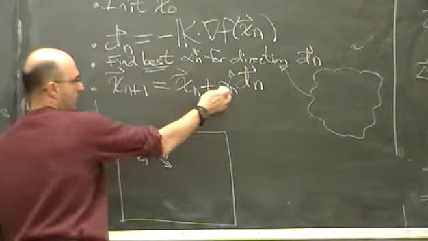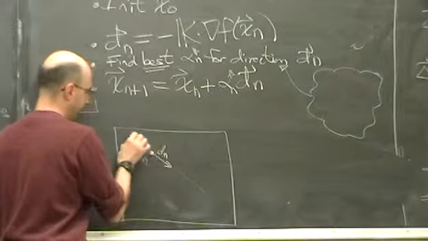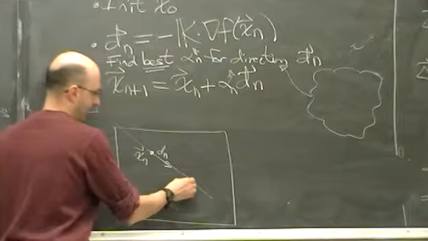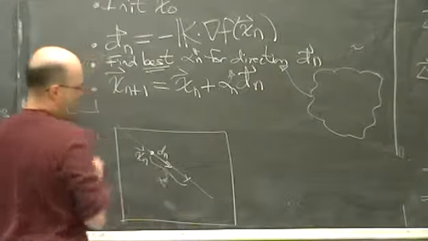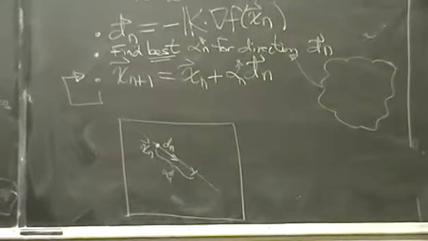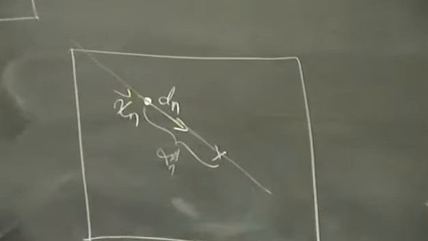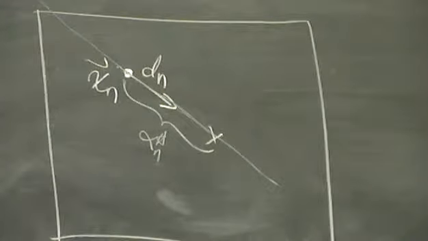And then the question is, how far should I go out along this line to find the right amount alpha n, to find what's best for that particular search direction. What could define the best possible choice there, do you think? What do you think would make a good choice?